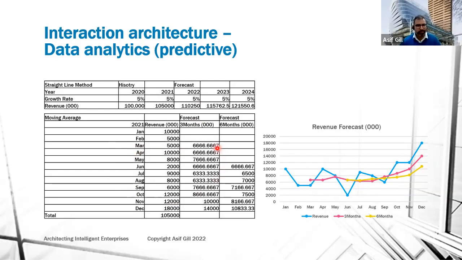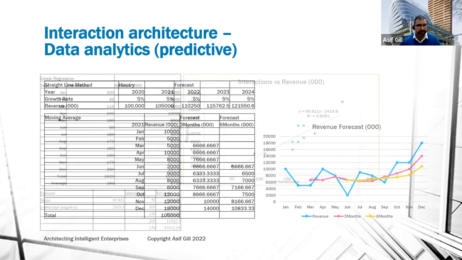And then similarly, we can use moving average: for the last 3 months, we can take the average to predict the next few months. And then again, the last 3 months, 6 months, we can look at that to forecast the rest of the year or next month. So a bit of a revenue forecast could be shown here as well.